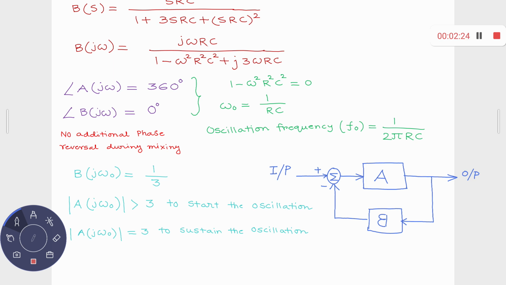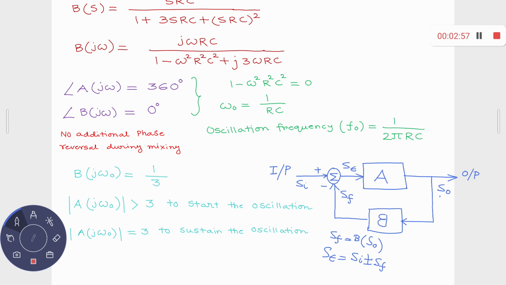If this is the effective input, S epsilon, and this is the feedback part, SF, and the input I can call SI. So SF is a function of SO, and S epsilon is equal to SI plus minus SF.